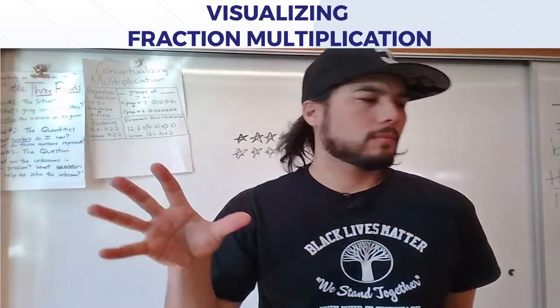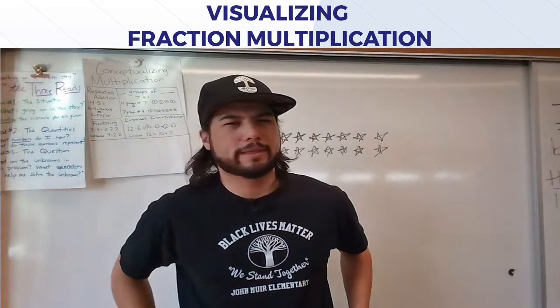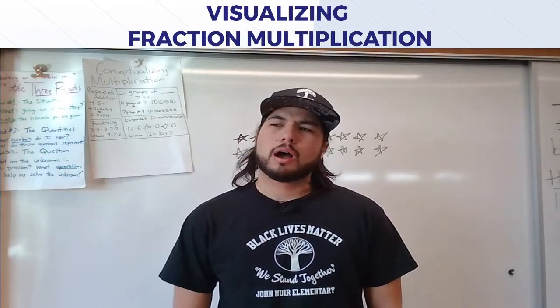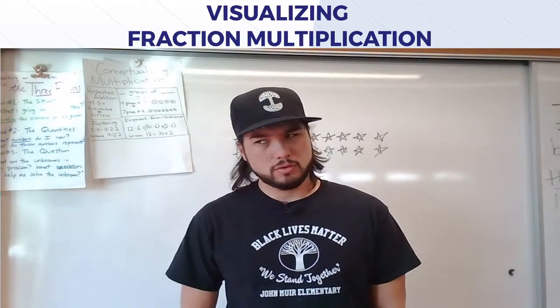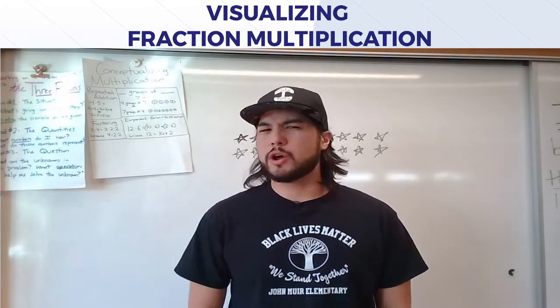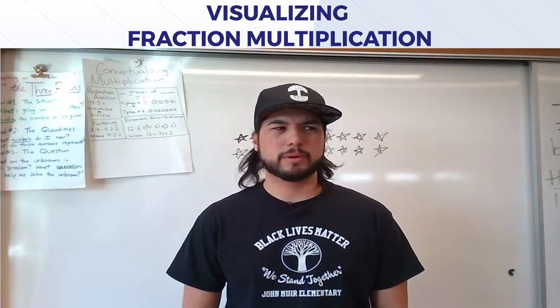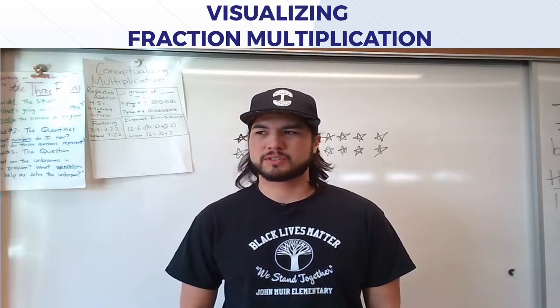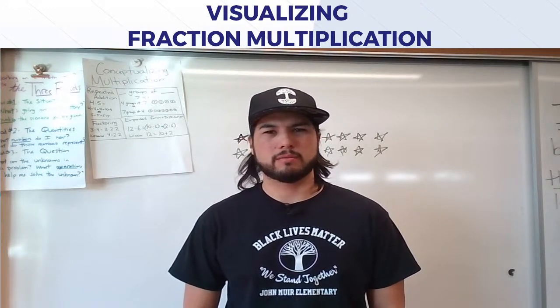So last week when we were working with fraction multiplication, a few very intrepid mathematicians were noticing that when we multiplied by a fraction, our product ended up smaller than one of our factors.